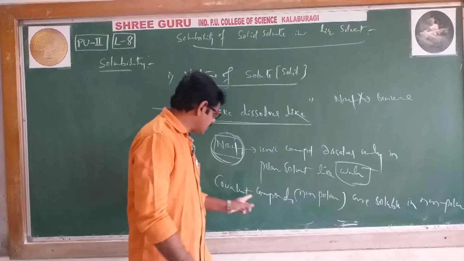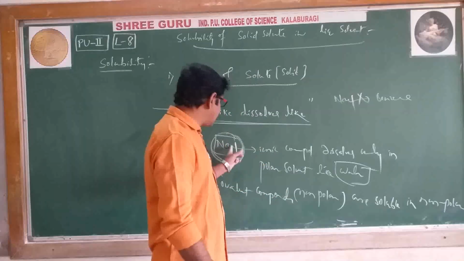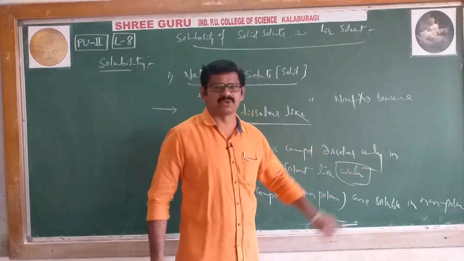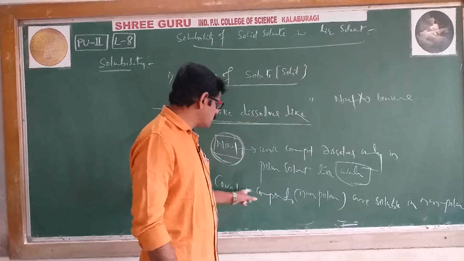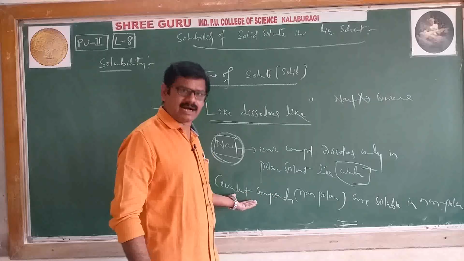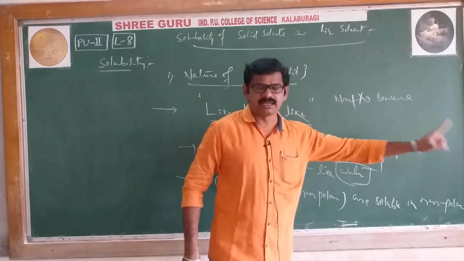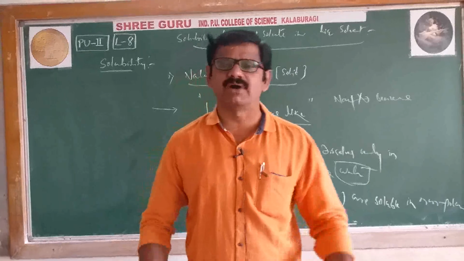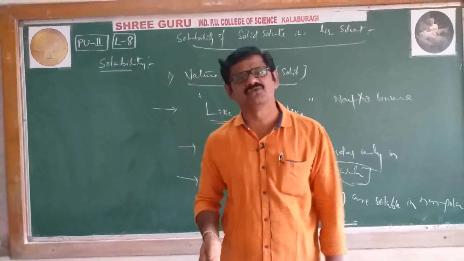Non-polar soluble in non-polar only, polar soluble in polar only, like dissolves like. I'll repeat. Covalent compounds, that is organic compounds, are soluble in non-polar solvents only. What are non-polar solvents? Like ether, chloroform, etc.